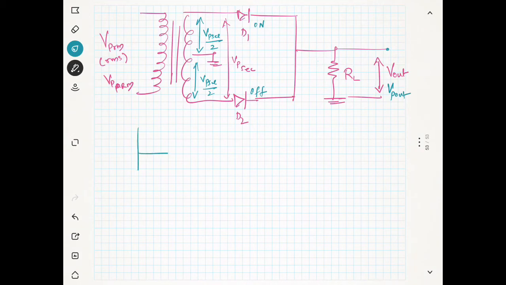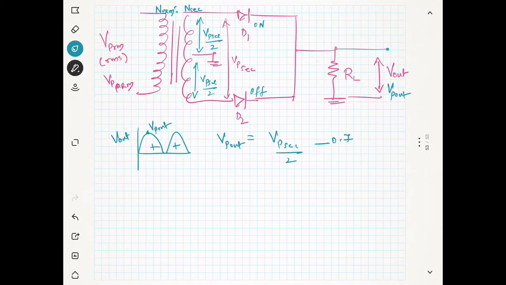So you have the output like this, positive and positive, V out, and this maximum point is Vp out. So Vp out is nothing but Vp secondary by 2 minus 0.7, and I told you there are n primary windings, turns ratio n primary to n secondary.